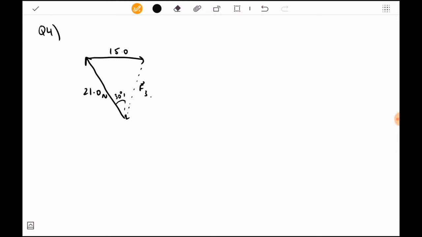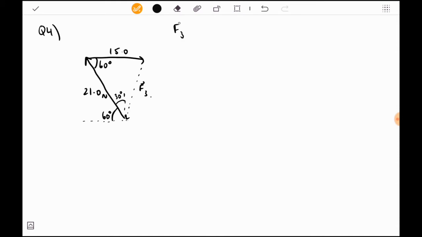So once we get the angle that is opposite F3, we can just use the cosine rule. So really we want to be trying to figure out what this angle is here. If I were to draw a horizontal line here, because this vector is 30 degrees from the vertical, that means it is 60 degrees from the horizontal. So using our alternate angle rule, this is 60 degrees. Now I know two sides and an angle, I can use the cosine rule.